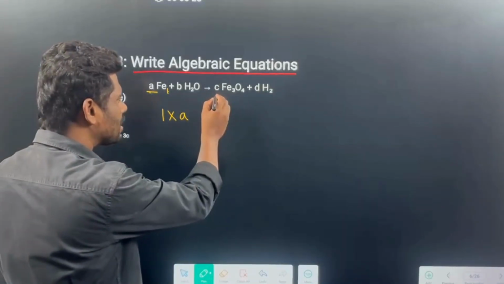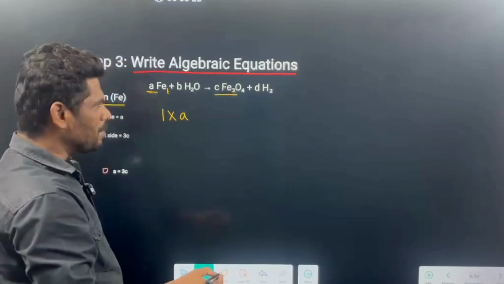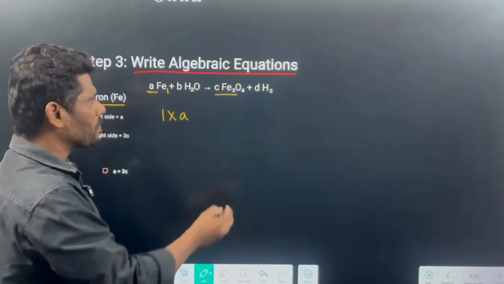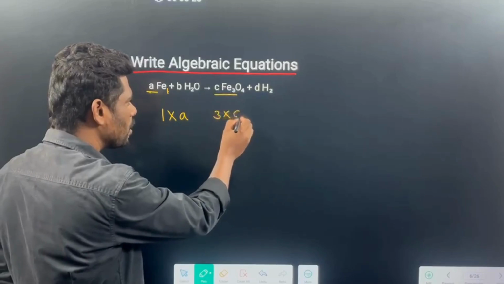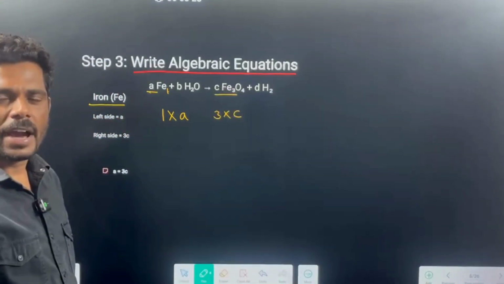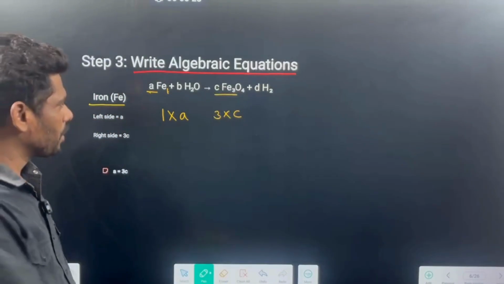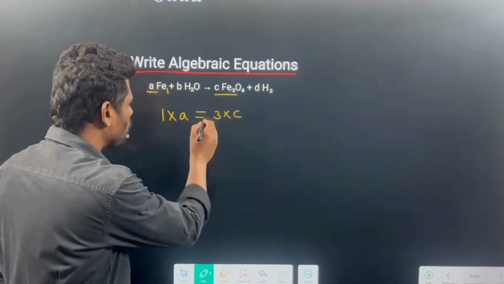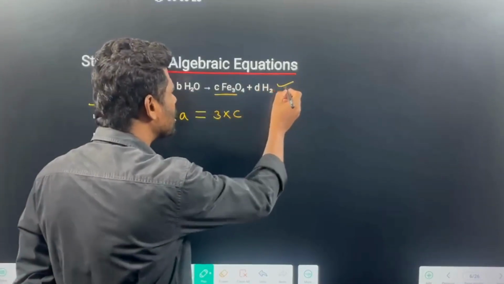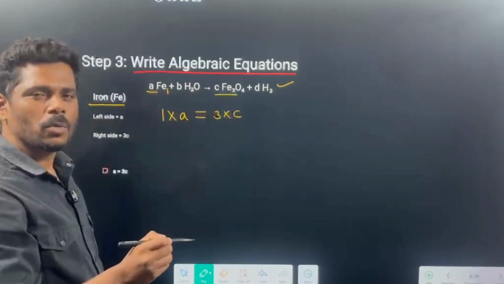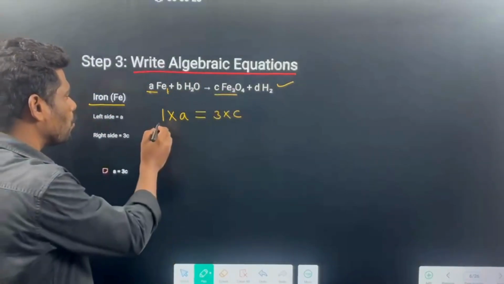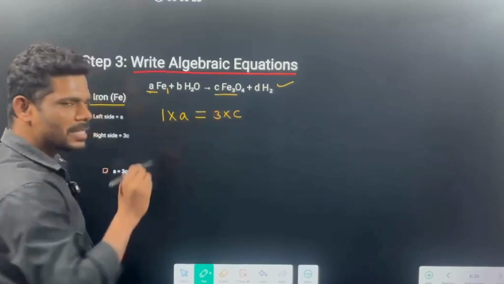When you come to the product side, the subscript for iron is 3 and its coefficient is C. So 3 into C will tell you the number of iron atoms on the product side. Since we assumed the variables here, this is the balanced equation now. So definitely 1A must be equal to 3C.